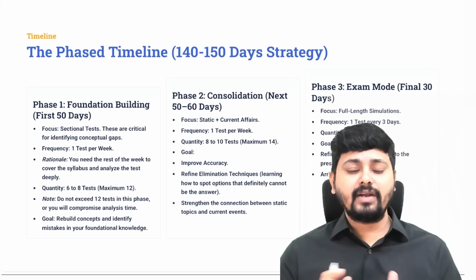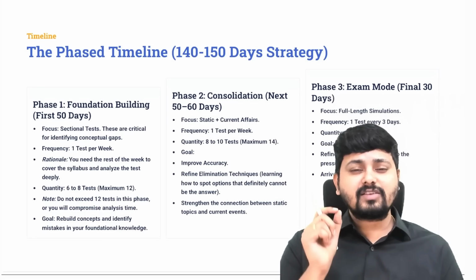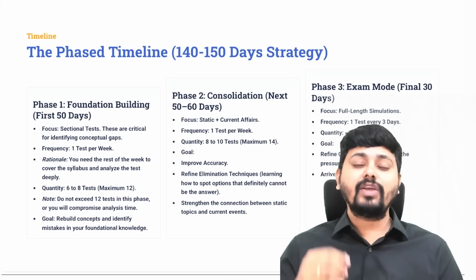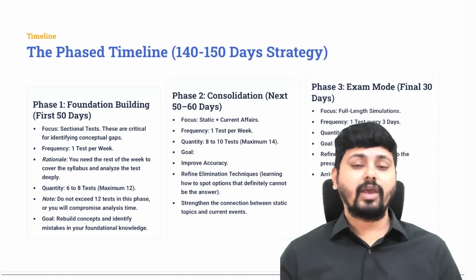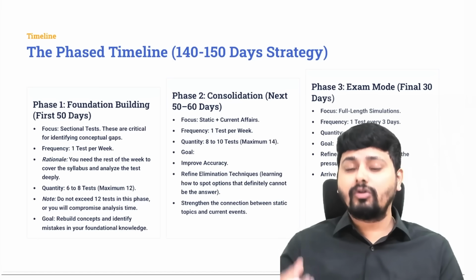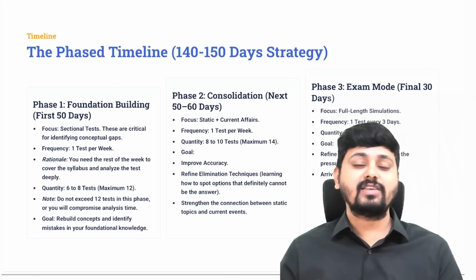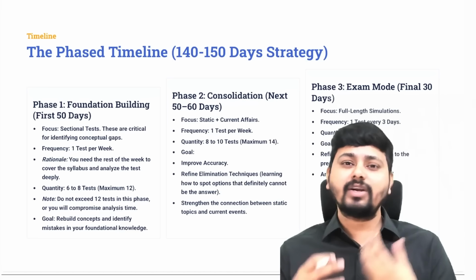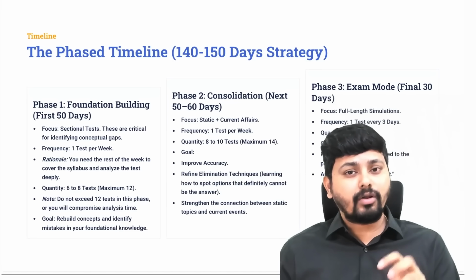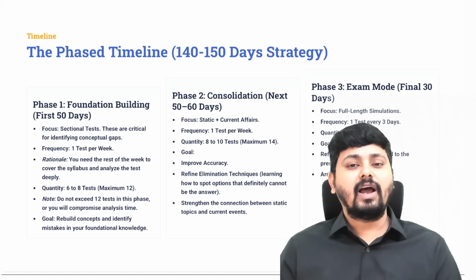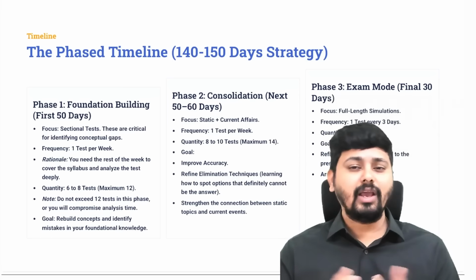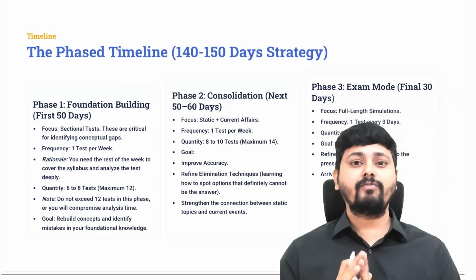Try to complete them and attempt at least 3 to 4 sectional tests, because the sectional test will tell you which areas you are weak in. Now you can focus on those areas when you are revising, re-revising in the second and third iterations. Or else you'll read all the units with equal weightage and you'll not focus on the weak areas, and that means you are spending time in the wrong area which won't give you any outcome. So your productivity is very minimum.